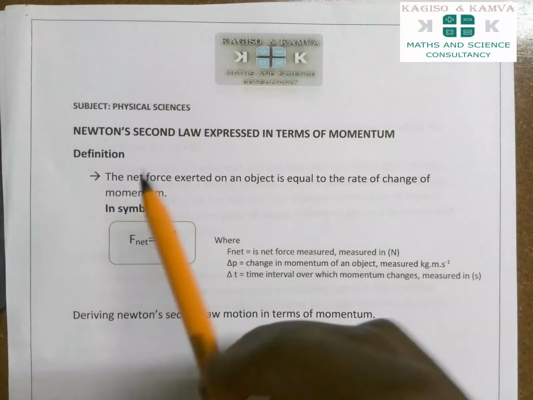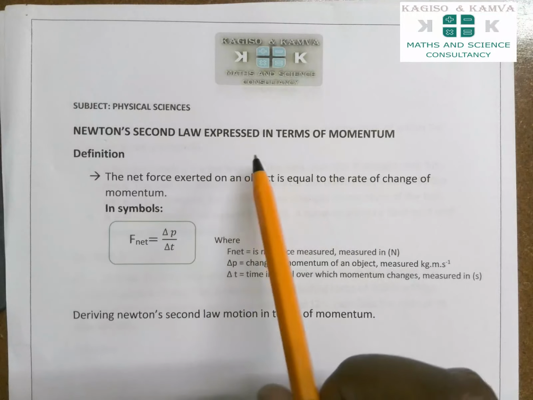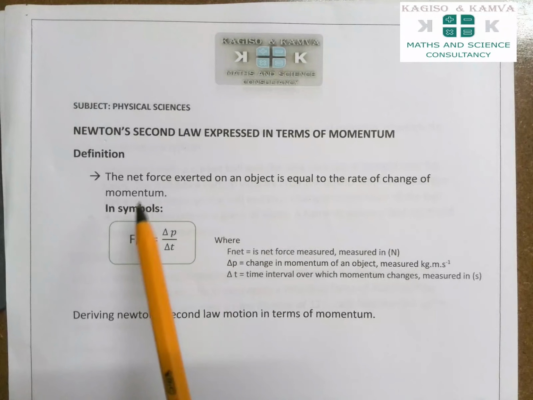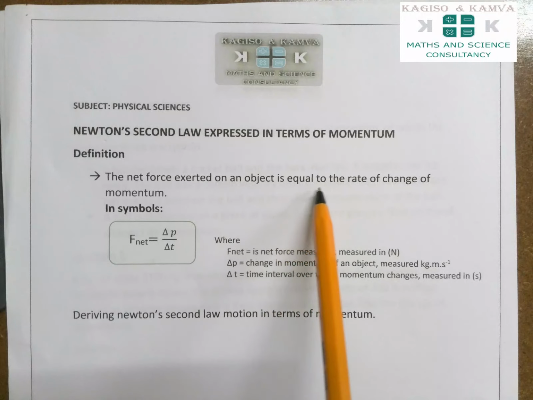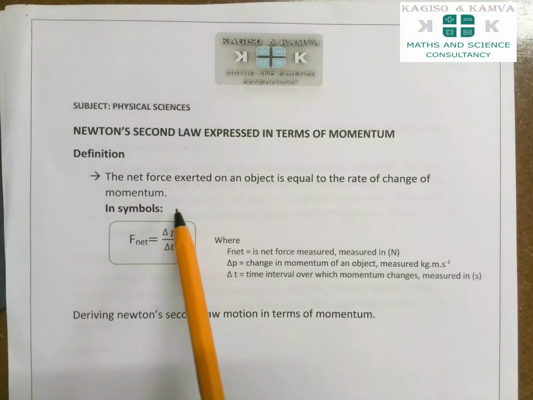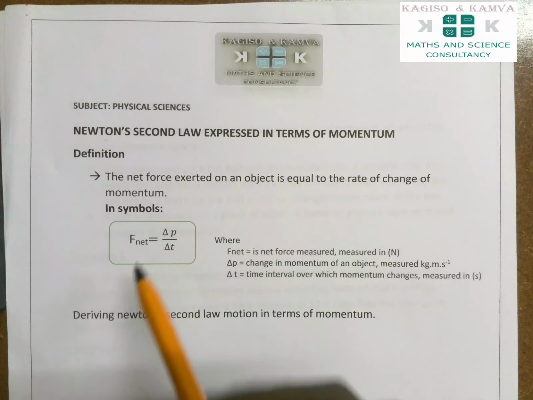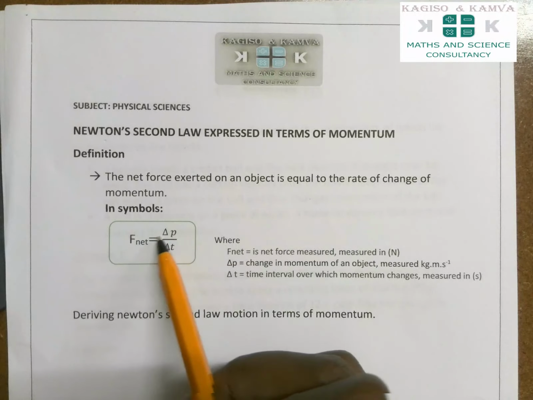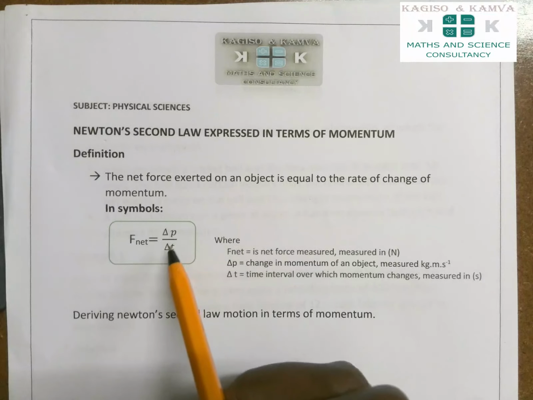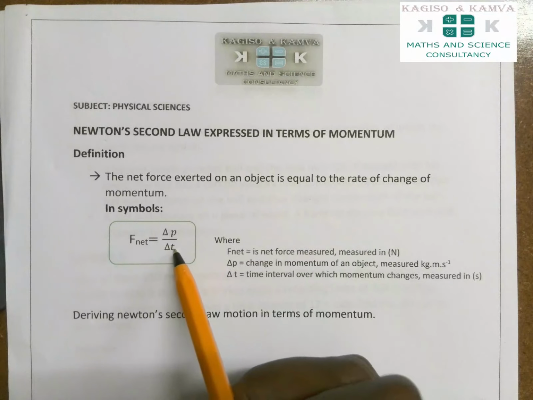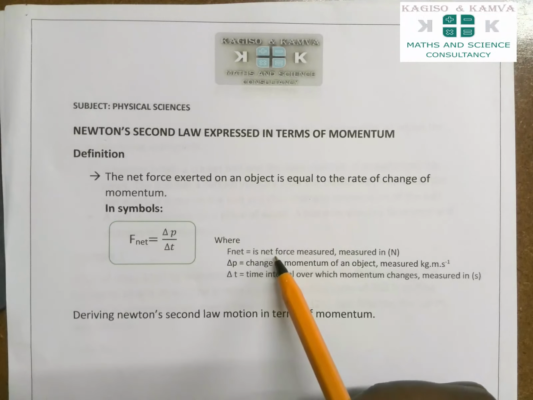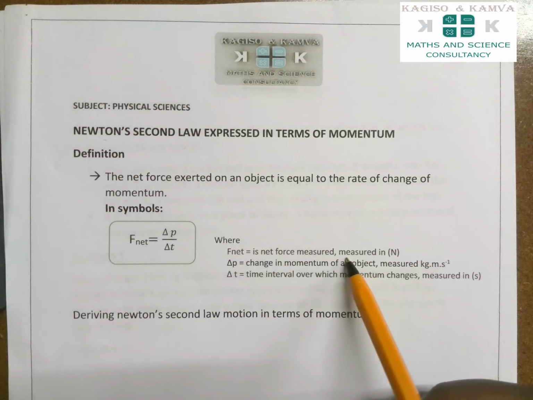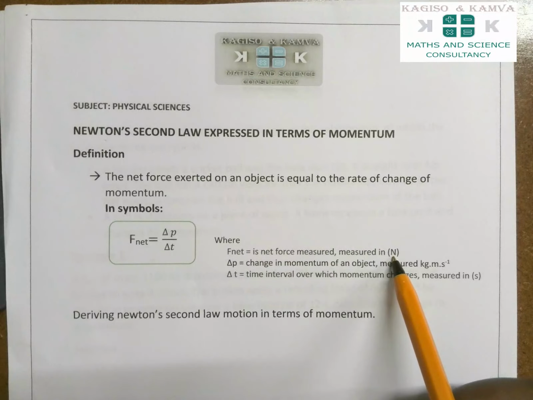Now, what is Newton's second law in terms of momentum? The definition is: the net force exerted on an object is equal to the rate of change of momentum. In symbols, that is F net is equal to the change in momentum over the change in time, where F net is the net force, measured in newtons.